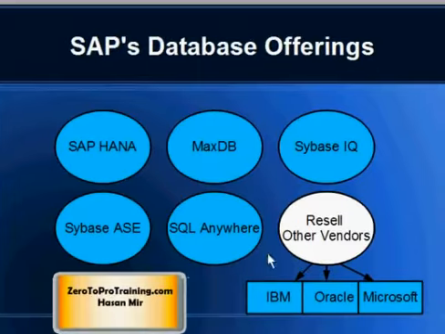So these are all the offerings from SAP AG. On top of that, SAP could resell other vendor databases as well. DB2 from IBM, Oracle database from Oracle Corporation, and SQL Server from Microsoft Corporation, for example.